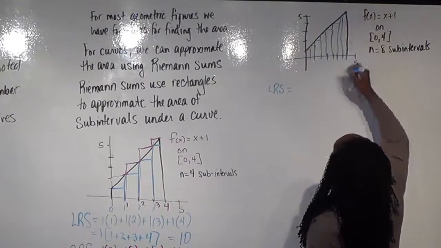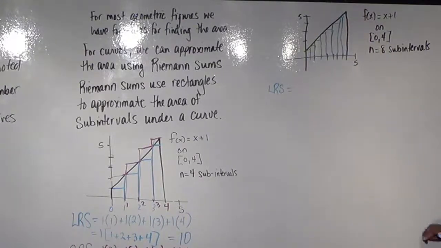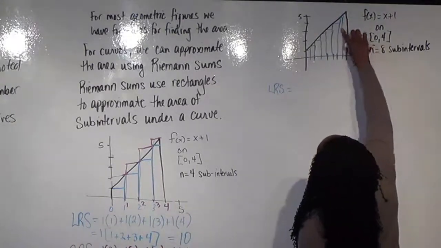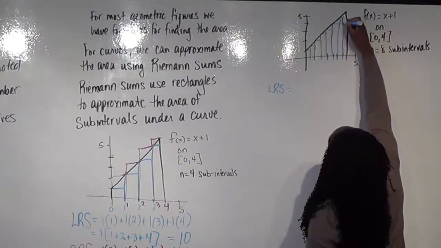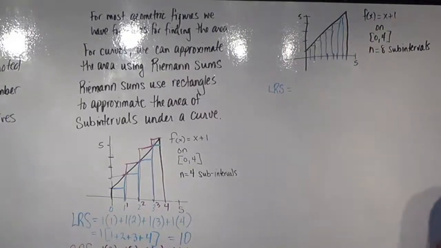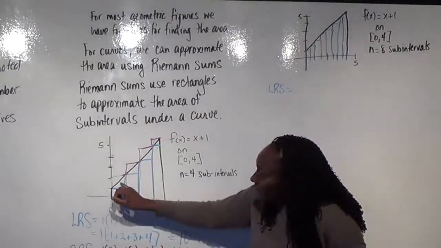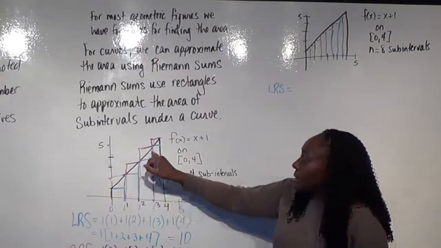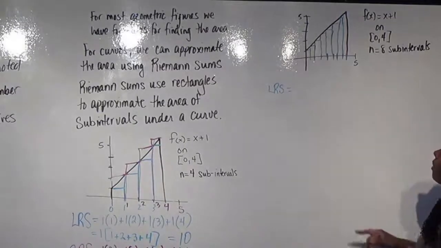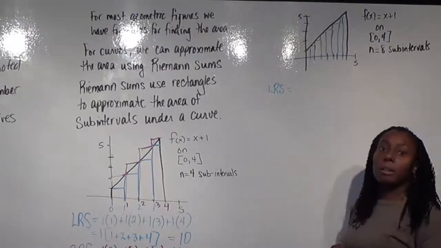Obviously there are more rectangles, but if I look at the open spaces between my curve and the rectangles, they're a lot less over here.